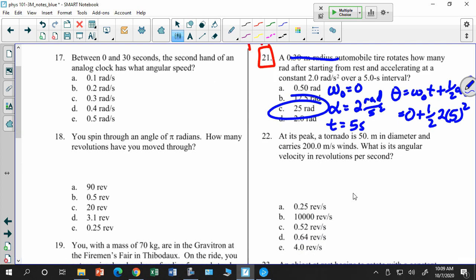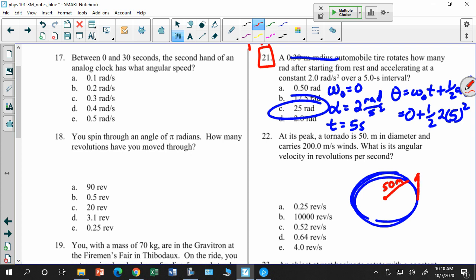Let's look at number 22. One thing that you'll see in the notes, if you haven't seen it already, is that we can translate our rotational quantities into linear quantities. Like, for example, here if I have a tornado, let's imagine that we're looking at the tornado from the top, standing above it and looking at it. And this tells us that this tornado has a diameter of 50 meters.